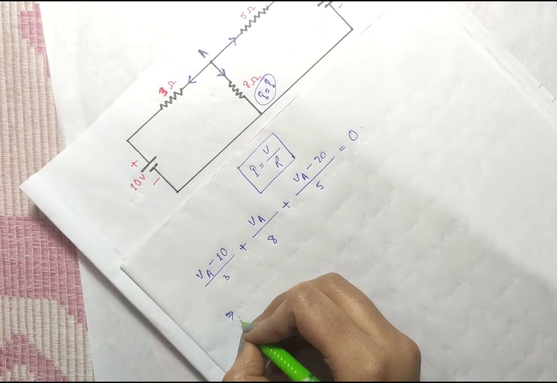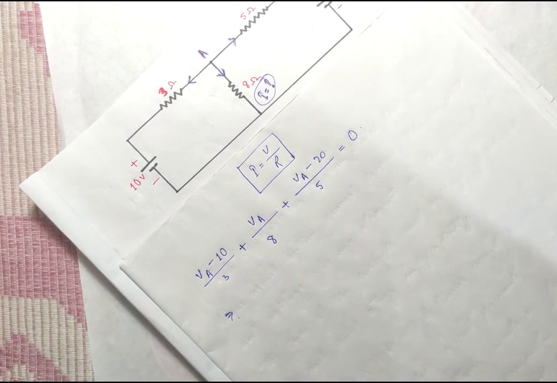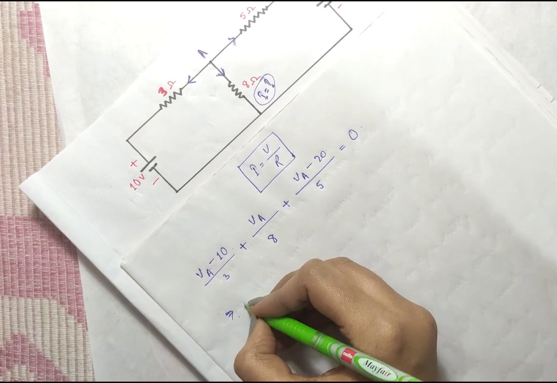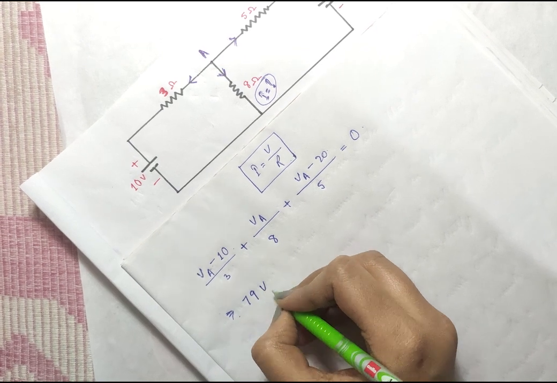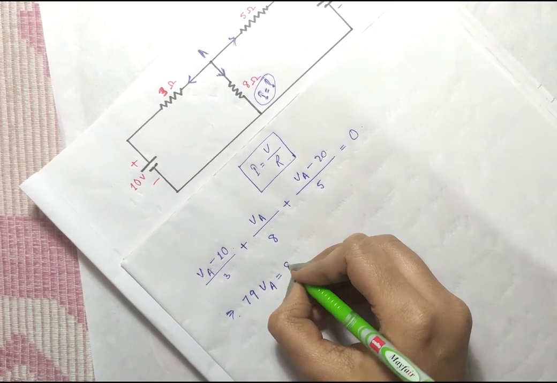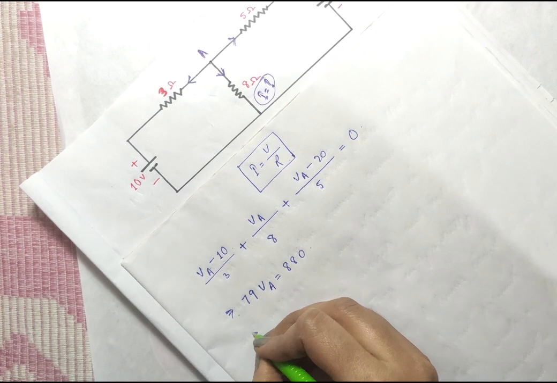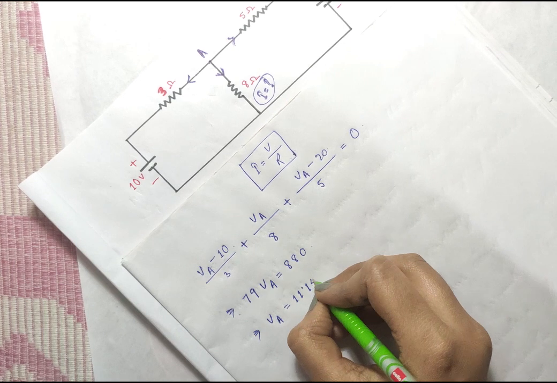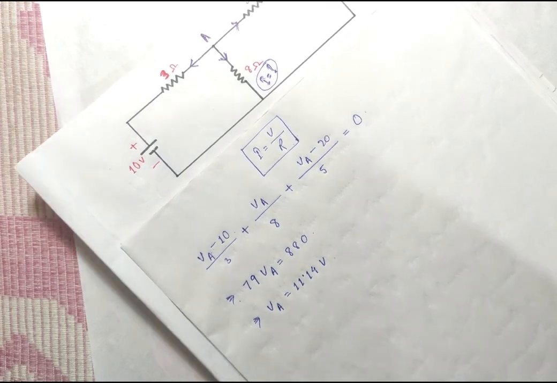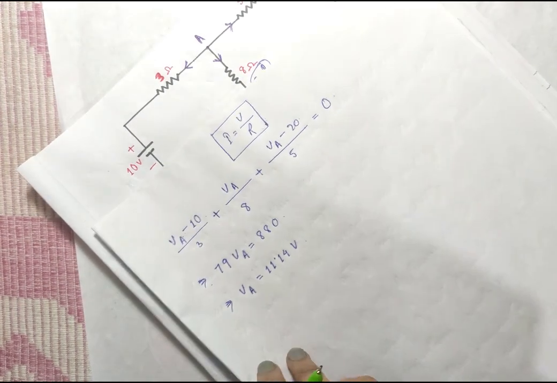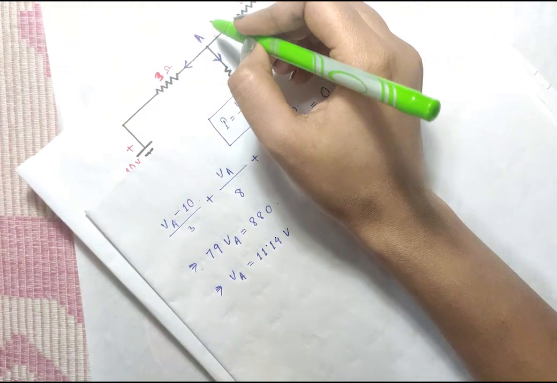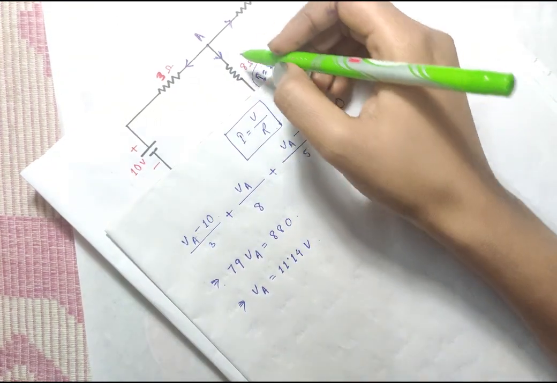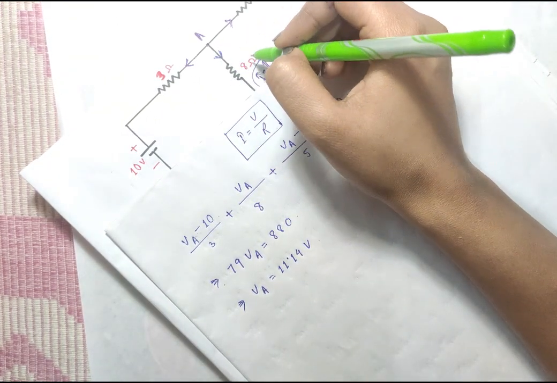If we solve this equation, then we get 79 VA is equal to 880, which gives VA is equal to 11.14 volt. Now we got the voltage at this node. So now we need the current through this 8 ohm resistance.